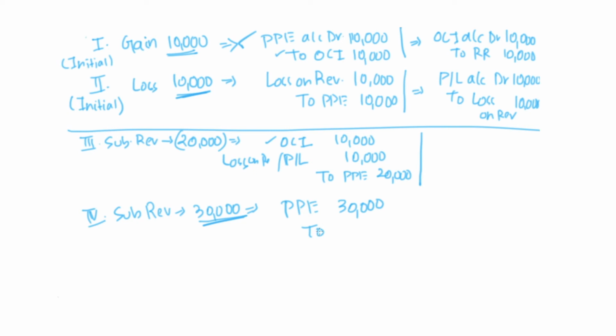We will set off the loss that is lying in the P&L against the property, plant and equipment, that is $10,000, and all the unadjusted gain will go to the OCI by $20,000. So this is a summary of the journal entries that we can expect in respect of a revaluation of property, plant and equipment.